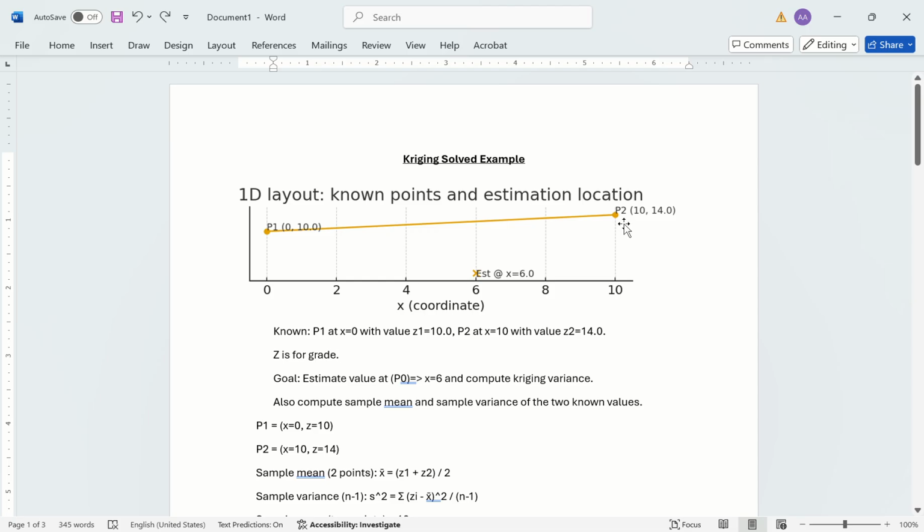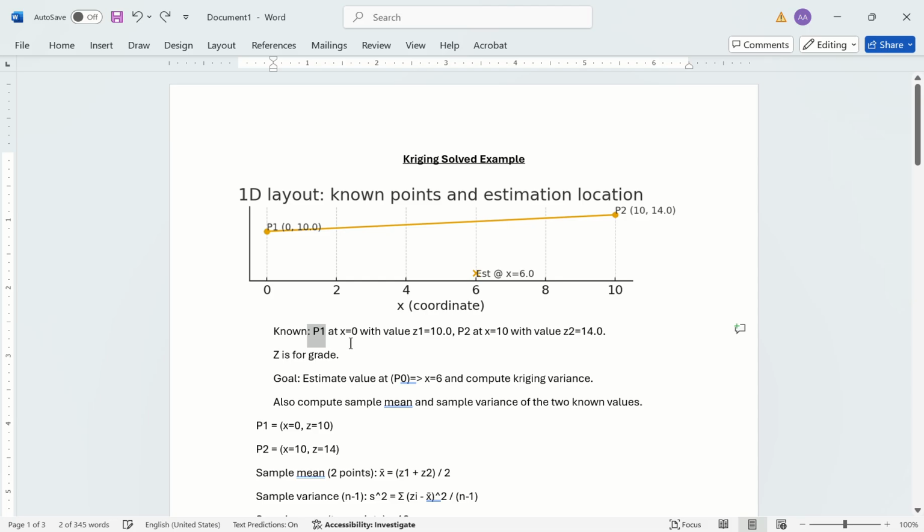Then we have point 2 having a horizontal distance of 10 units and grade of 14, while this is the point where we are going to estimate our grade, having a distance of 6 from this origin, and of course we are going to calculate its grade.